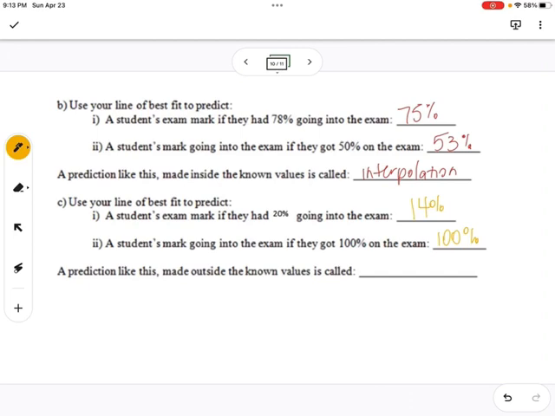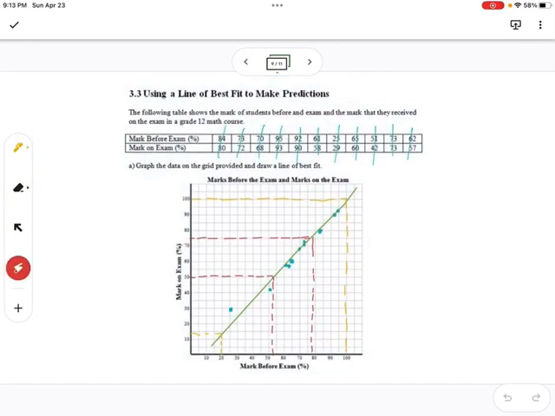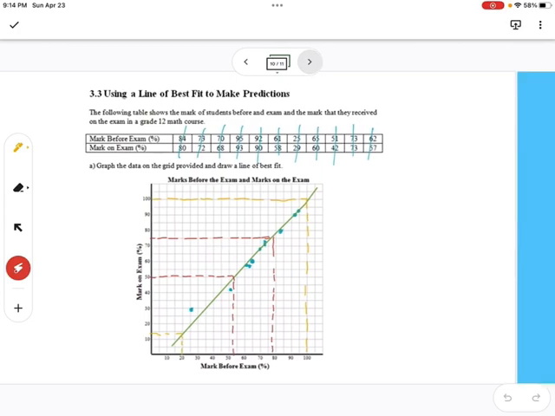Okay. And a prediction like this made outside the known values is called, so like we said before, our data set starts here and ends here, and those yellow markings are outside of it, and this is called extrapolation.